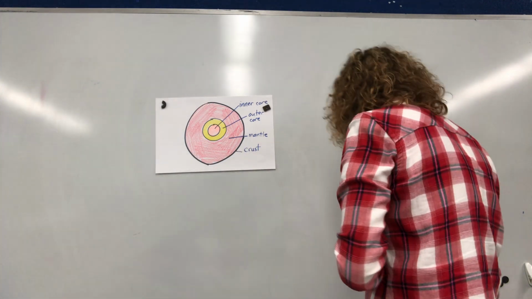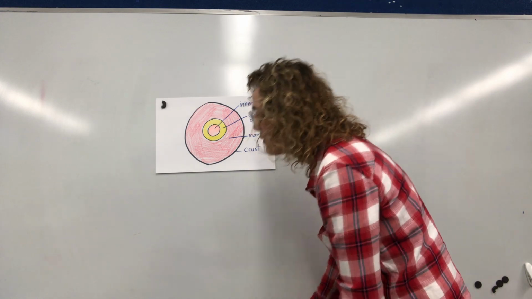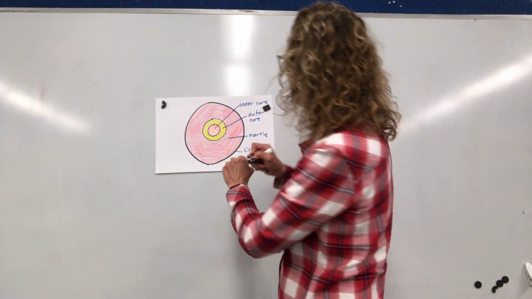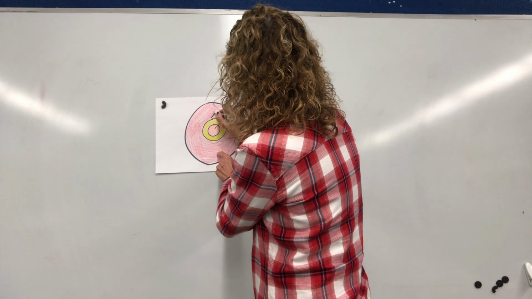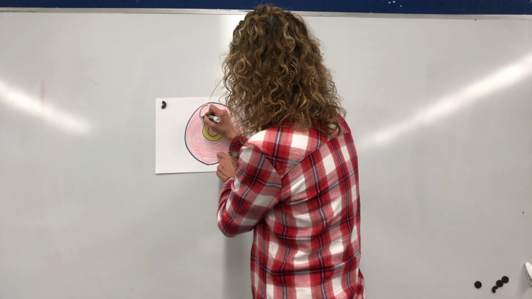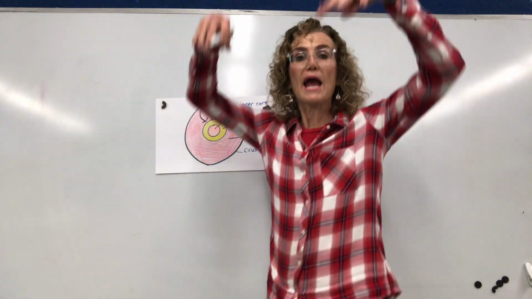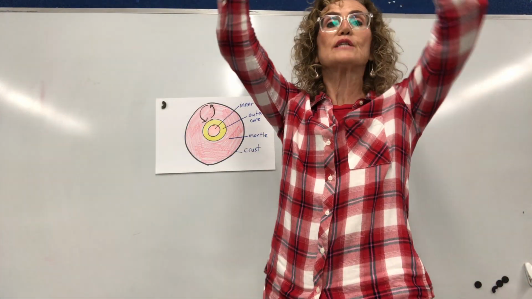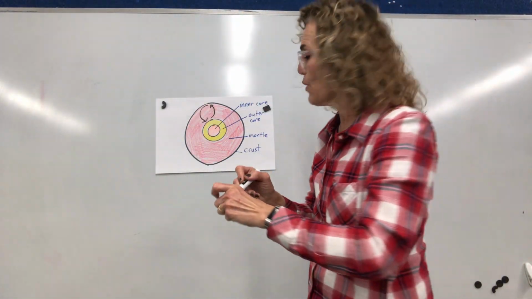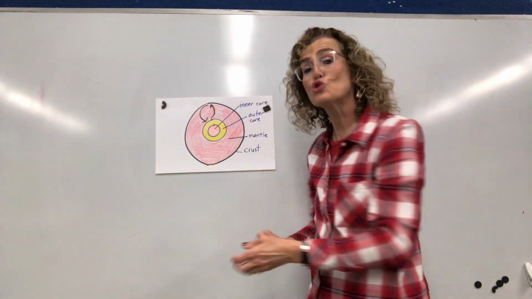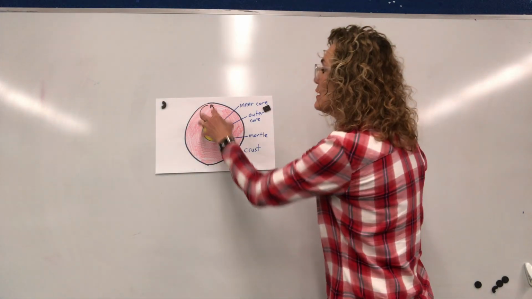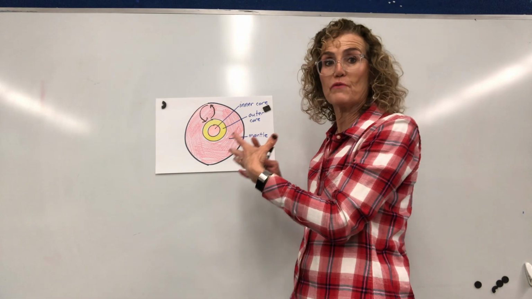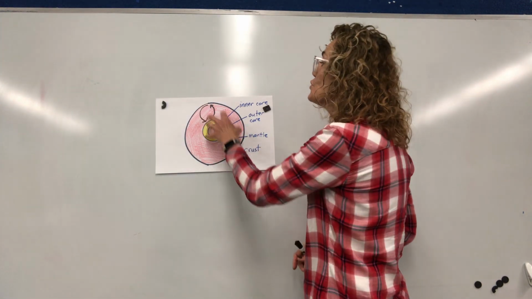Now, I want to just talk a little bit about, remember we talked about how inside the mantle there are these convection currents. Hot things rise and cool things sink. Hot things rise and cold things sink. So because the core is so hot, it transfers some of its heat energy to the mantle.